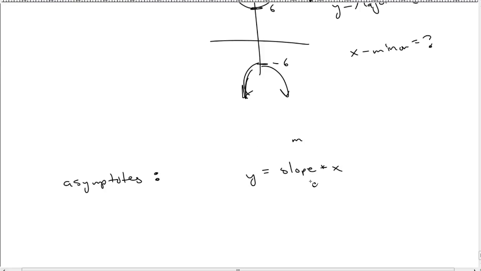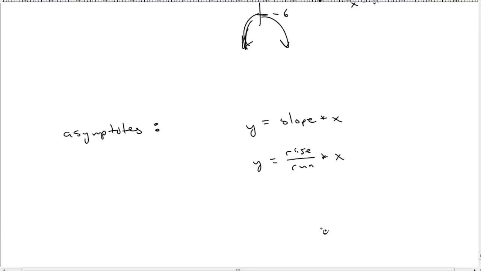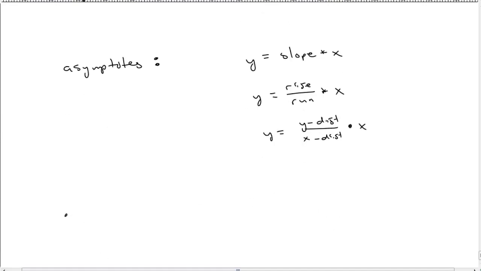I'm going to erase that part. My slope, if you want to make it distinguishable, it's rise over run, right? Times x. And rise is a y value and run is an x value. So I'm going to say this is my y distance over an x distance, and then again times x. The y distance and x distance, they come from the major and minor numbers.